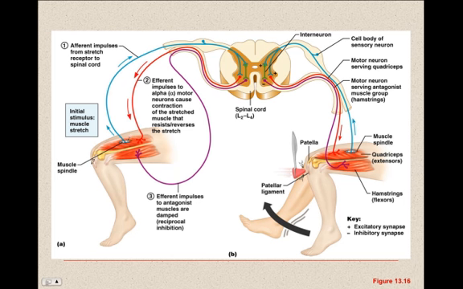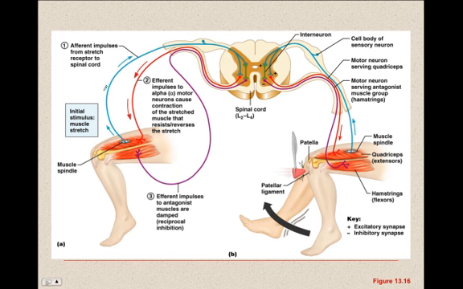Okay, so as your doctor pounds on your patellar tendon, hopefully it's not pounding, but as he taps your patellar tendon, it's going to stretch the quadricep muscles. And when it stretches those muscles, it's going to stretch those muscle spindles and stimulate an action potential.